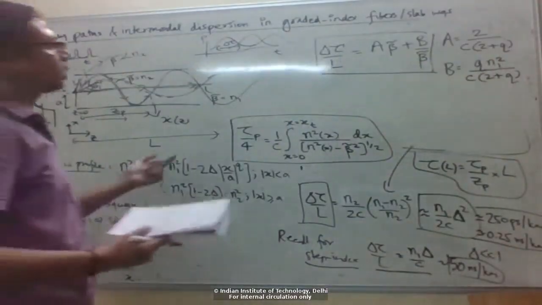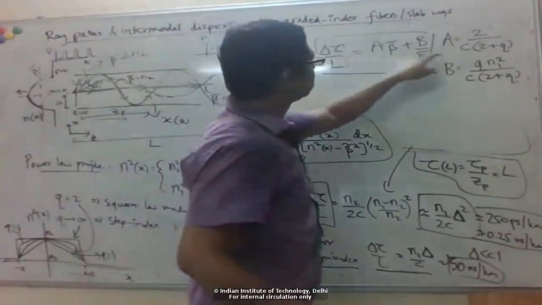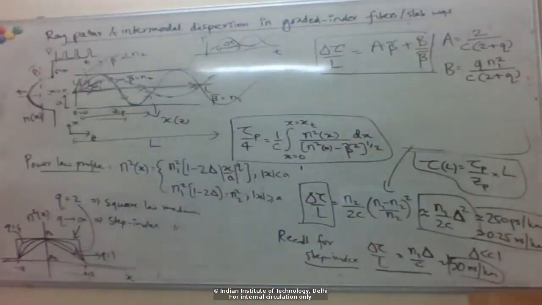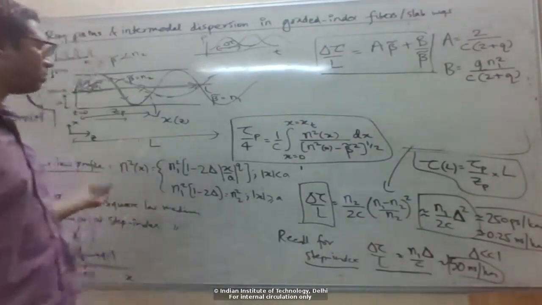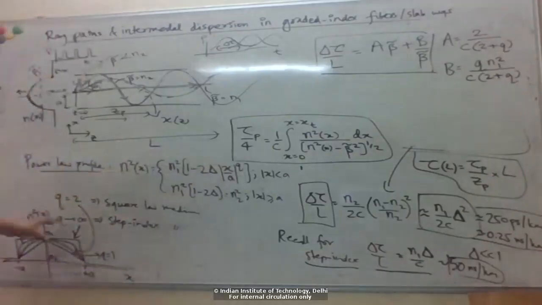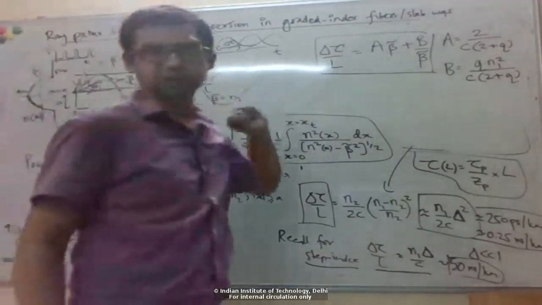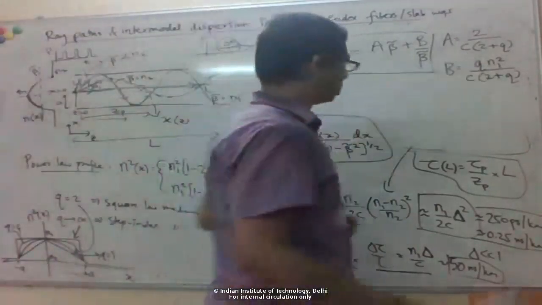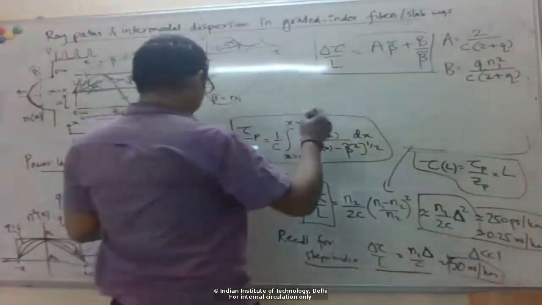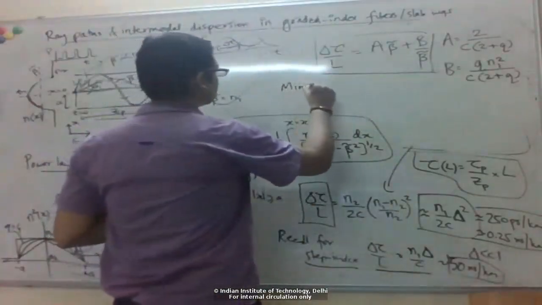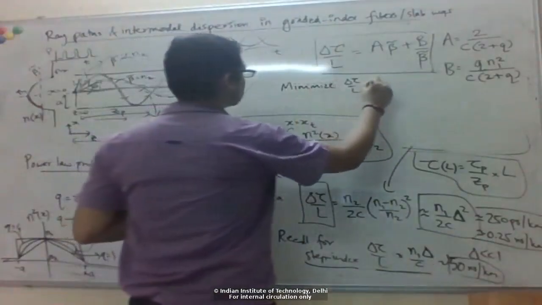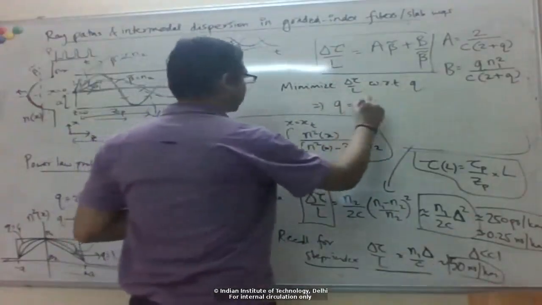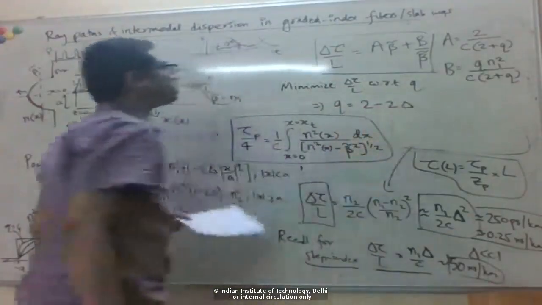What we can try to do is minimize this expression with respect to q. So what we are trying to do is vary this q and see which profile is optimum in terms of minimum dispersion. So we can minimize this function with respect to q. If you go ahead and do that, you see that the minimum occurs at q equal to 2 minus 2 delta.